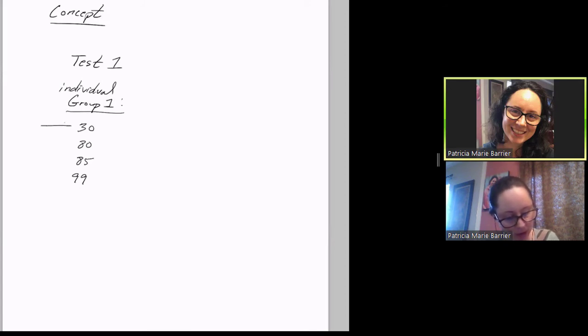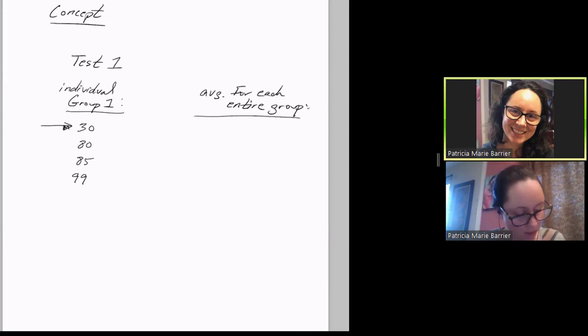Would this value be reasonably possible when looking at individual test scores, versus when I'm looking at the average for the entire group or each entire sample? So there's group 1, here's group 2, right? And they have some scores, 70, 80, 100, whatever they've got going on.